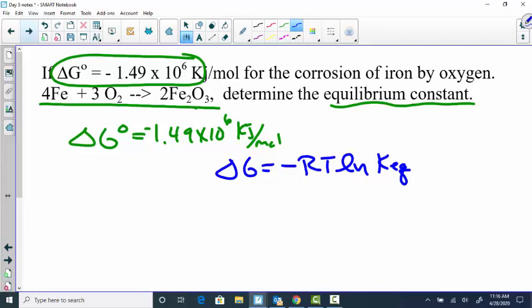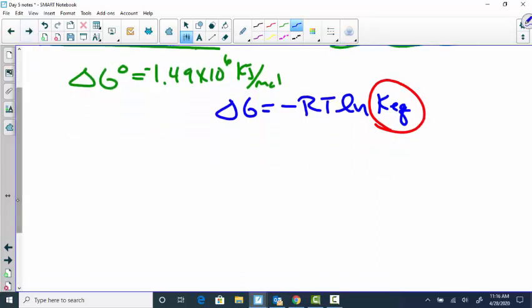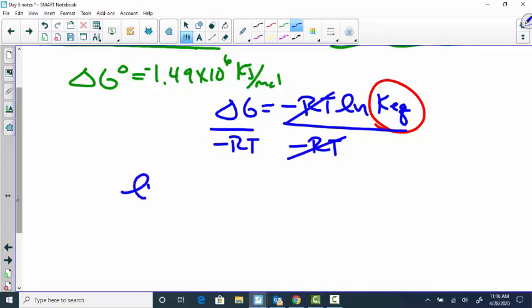Well, what I want to do is solve for KEQ. Well, this is just a matter of dividing by minus RT. So the natural log of KEQ is equal to Gibbs free energy divided by minus RT.